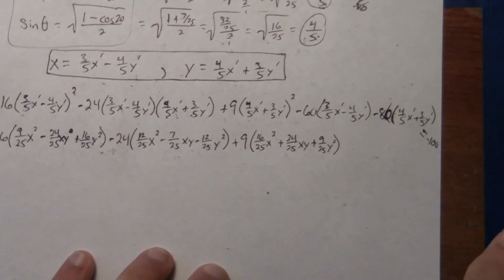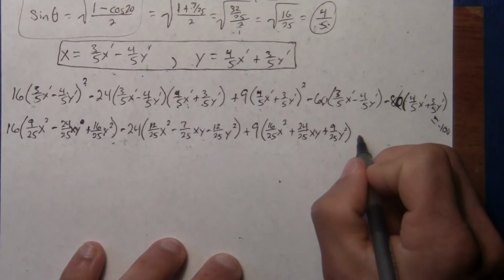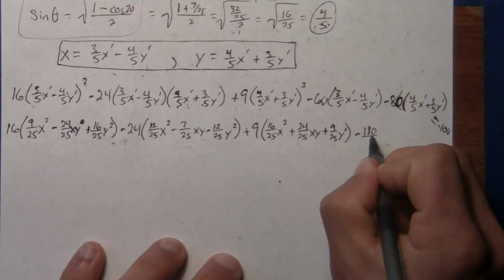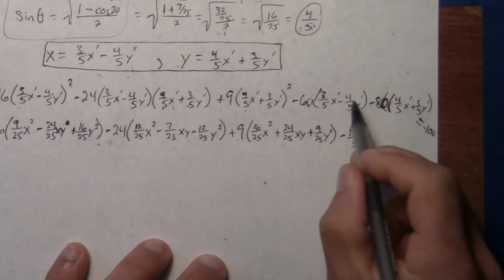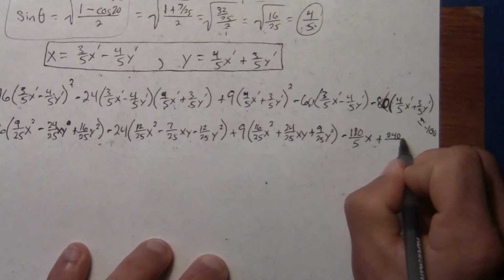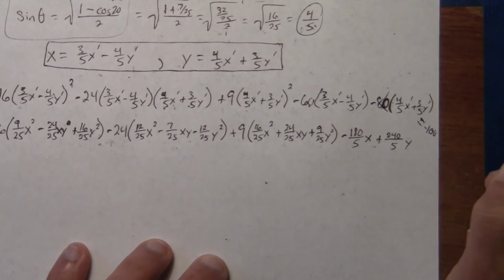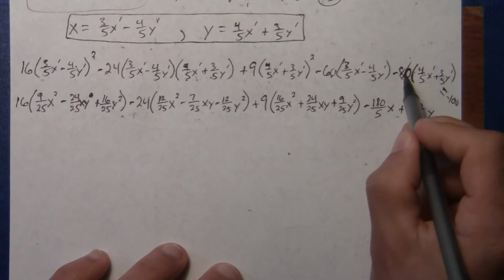Need to distribute the 60 here, so that's going to give me negative 180 over 5 x. Again, I'll worry about simplifying this at the end. Distributing here, I get a positive 240 over 5 y. Distributing here, I have 8 times 4 or 32, so add the 0 on.